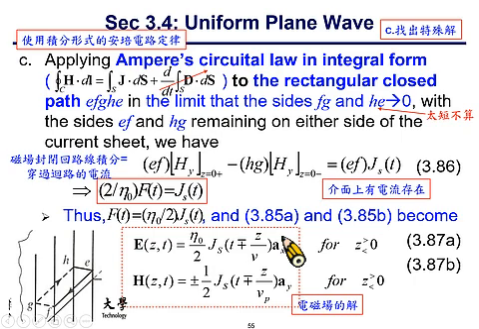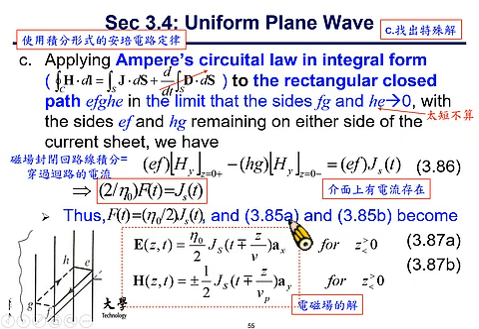This is non-zero. And here we have a result based on the previous assumption that Hy is F over eta 0. So the left-hand side becomes 2 over eta 0 times F(t) equals Js(t), the surface current density on the current sheet.